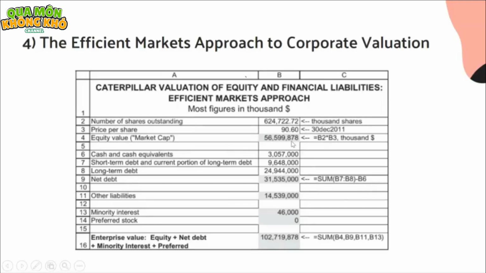This suggested that Caterpillar's enterprise value is $102.720 billion, which is a far cry from a book value of the enterprise value of $95.476 billion.